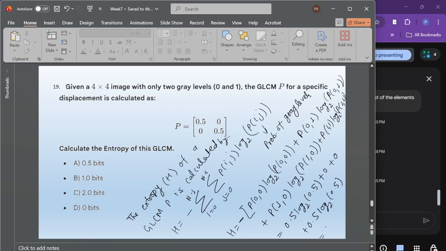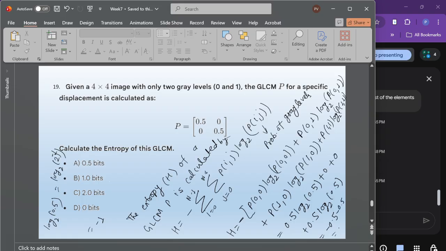If you just add, as we know, log base 2 of 0.5 can be represented as log base 2 of 2 to the power minus 1. If you calculate, you will get minus 1. So here you will get minus 0.5 minus 0.5.